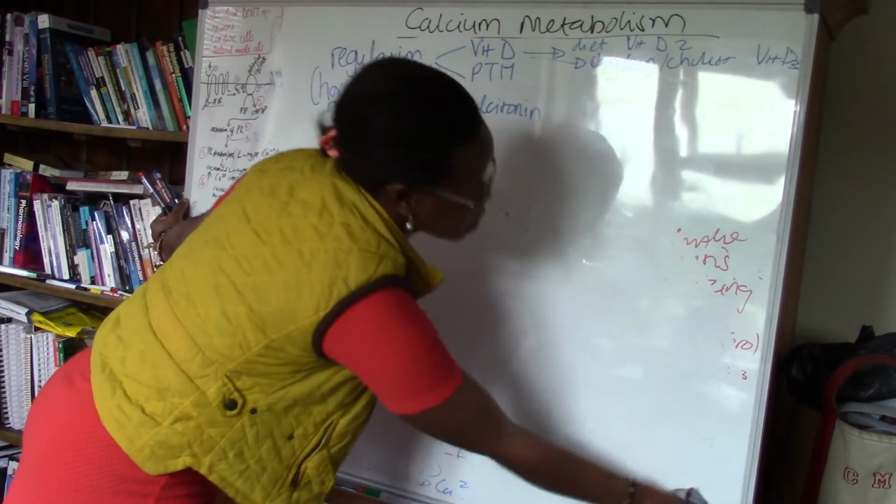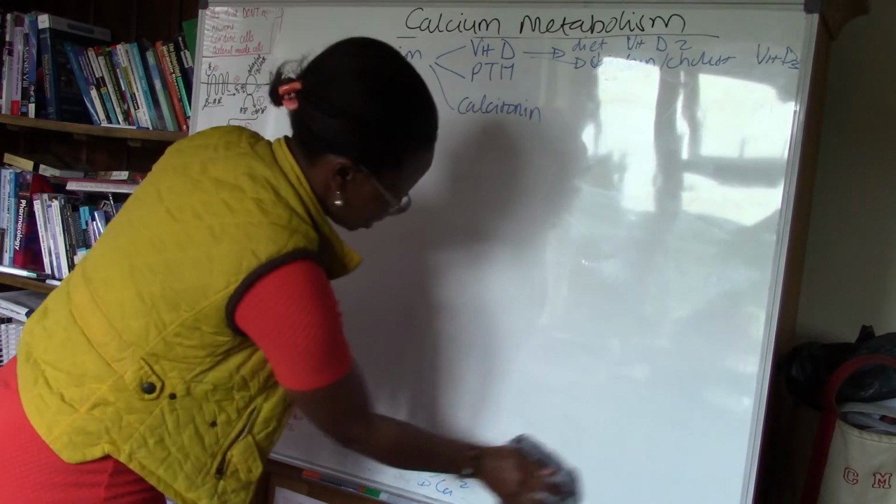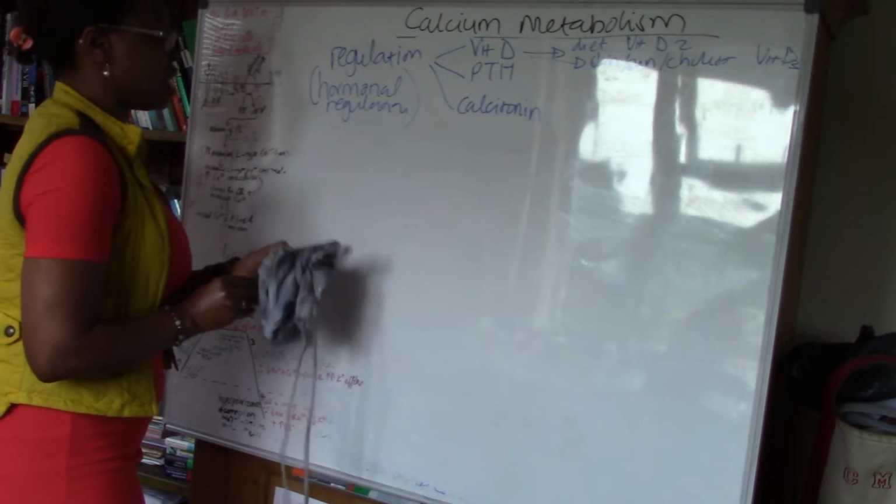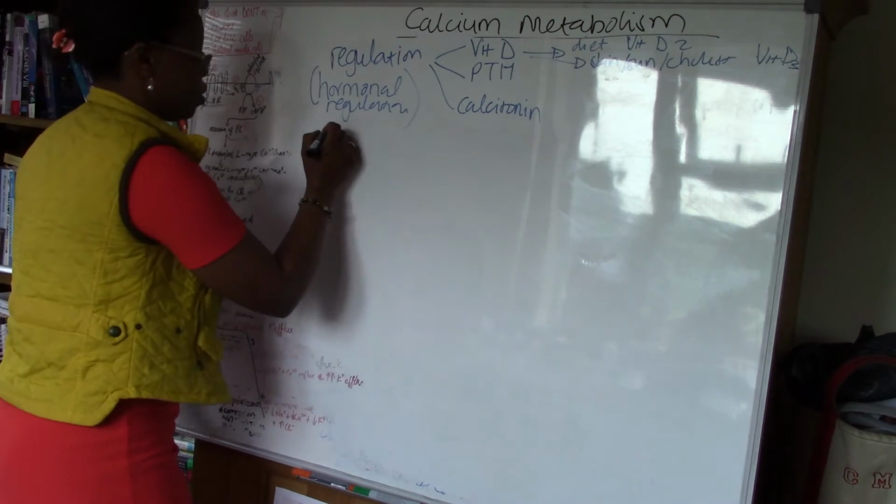And then the next means by which calcium is regulated, which is really the main one, is parathyroid hormone.